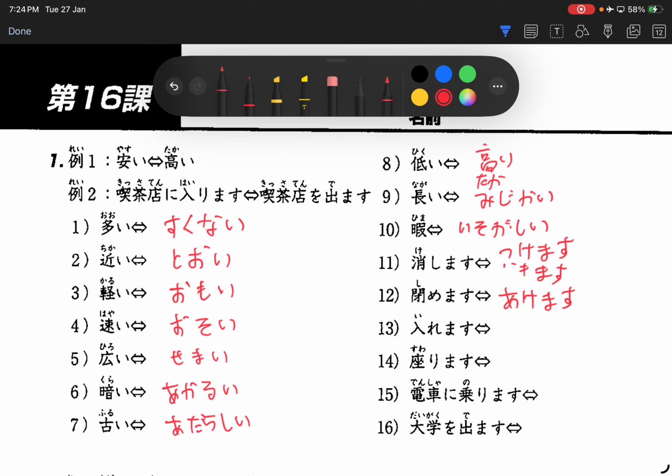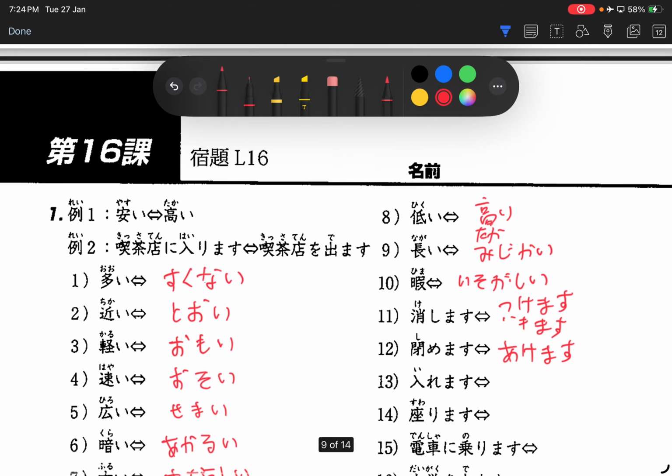This is iremasu, not hairimasu. Let me just point out the difference. You see my highlighter? Hairimasu is up there. Hairimasu means to enter. Iremasu means to put something in.